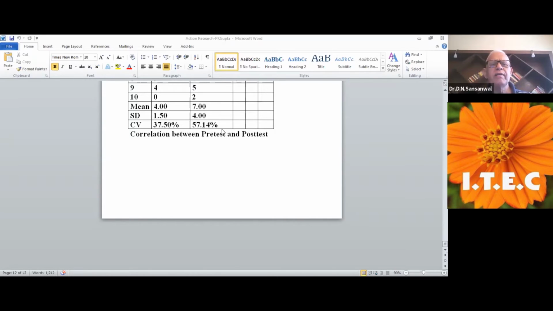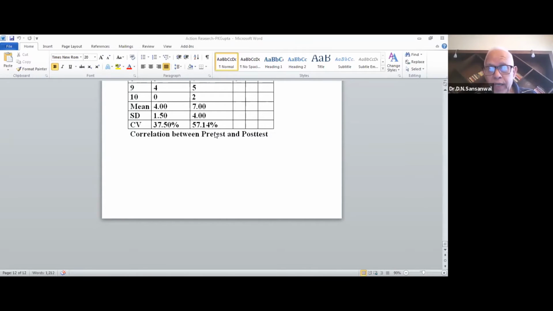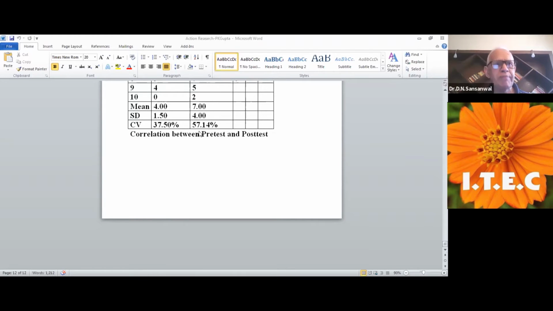You can use these percentages to tell whether the treatment you have given benefited people or not. But you cannot find the significance of difference. That is not possible, so you cannot test the hypothesis if you are only computing the coefficient of variation.